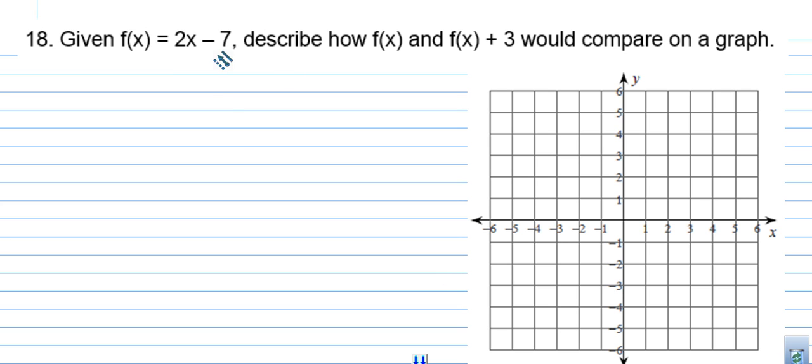Next question. Given this function, describe how f of x and f of x plus 3 would compare on a graph. Okay? So you got to understand the terminology. F of x is telling you that f of x is 2x minus 7.